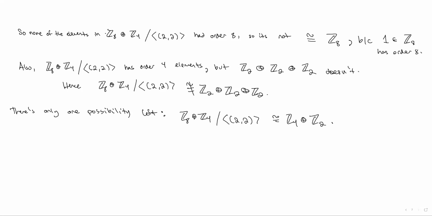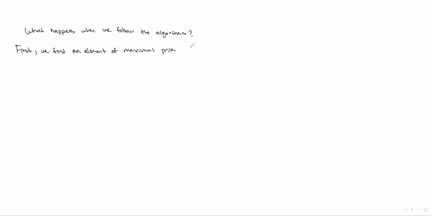But we could have directly followed the algorithm. So like what happens when we follow the algorithm? So first, we find an element of maximal prime power order. So that'll be all the orders we got.